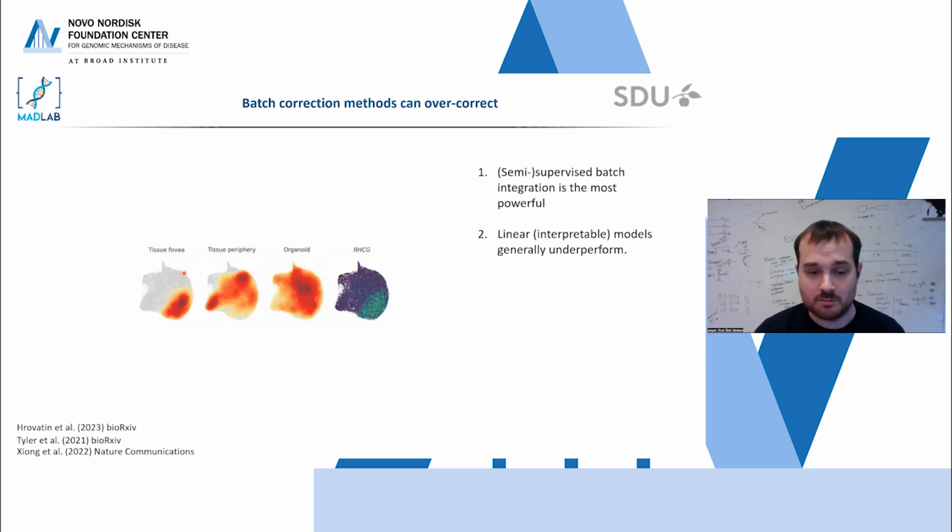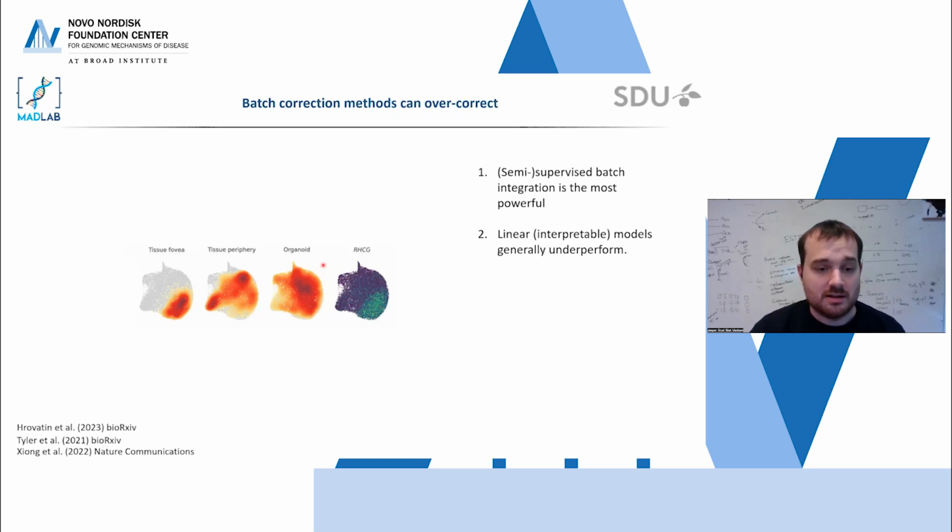Finally, a recent bioRxiv paper from the Theis group, again from approximately 2 weeks ago, also demonstrates overcorrection in deep learning-based integration methods. Here they integrate tissue fovea, tissue periphery, and organoids.